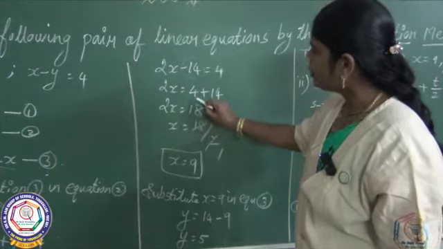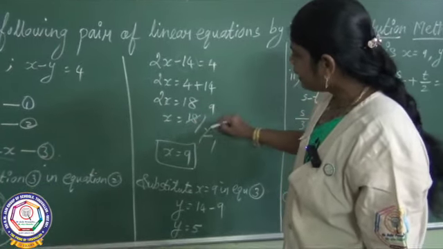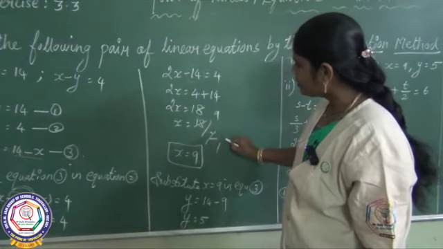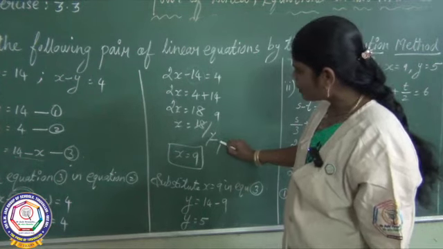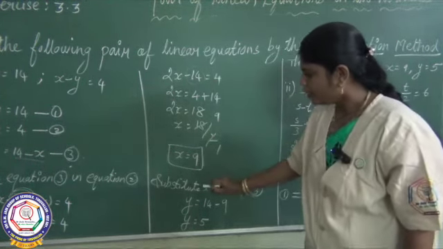So, 2x equal to 4 plus 14, 18. x equal to 18 by 2 because multiplication will change to division on the other side. 2 ones are 2, 2 nines are 18. So, x equal to 9.